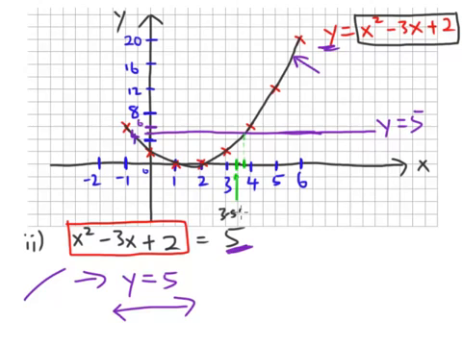And between 3.5 and 4, which is this value, would be 3.75. So the x value is equal to 3.75. And that is the solution for x squared minus 3x plus 2 equals 5. So that is really simple, right? Really simple. So make sure you score this question.